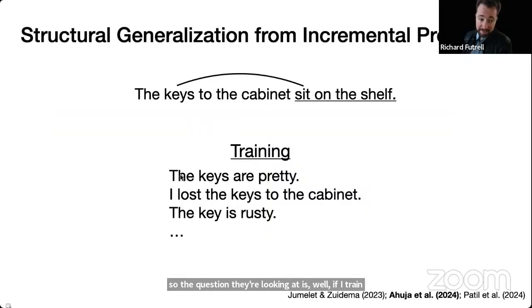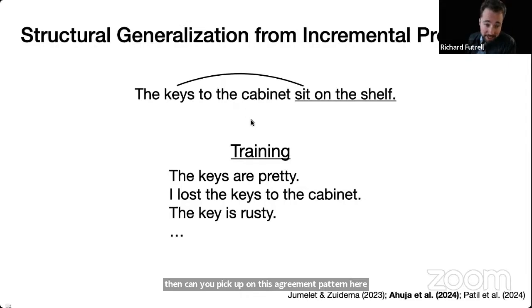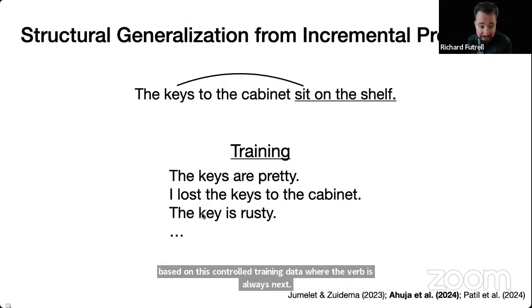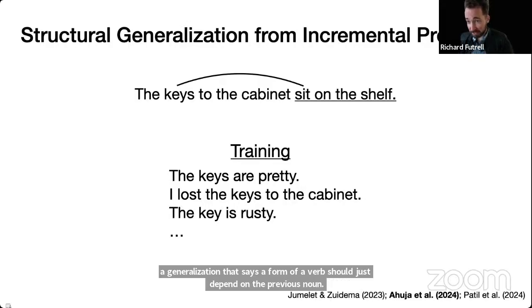The question they were looking at is, if I train my language model on sentences like this, the keys are pretty, I lost the keys to the cabinet, the key is rusty, where the subject is always adjacent to the verb, can you pick up on this agreement pattern based on syntactic dependencies? The training data is perfectly consistent with a generalization that says the form of a verb should just depend on the previous noun, no matter what the dependency structure is.